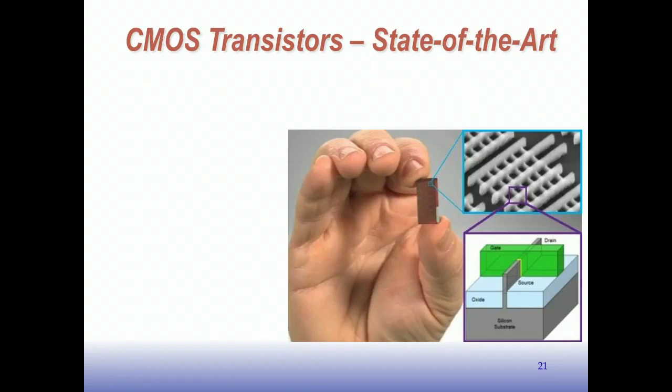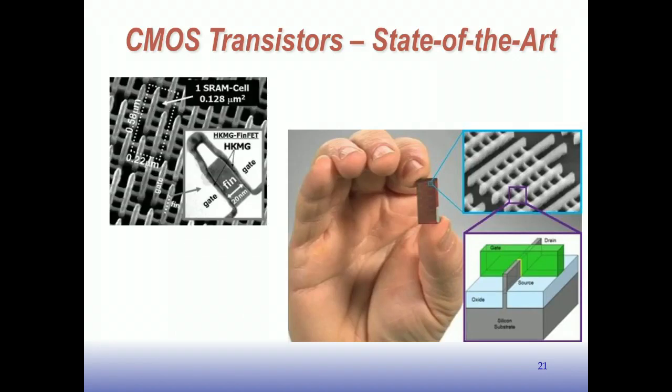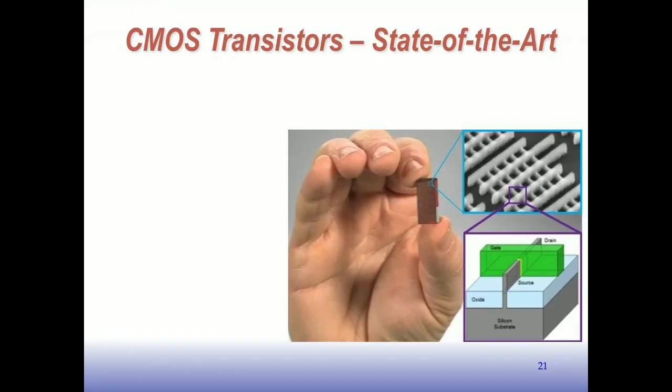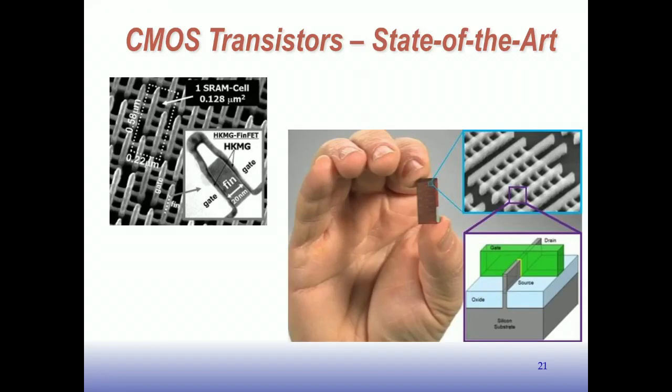Right? So real devices look more like this. You can see these are the fins here, and these are the gate regions here. So a lot of fins are put in parallel to make wider, stronger transistors.